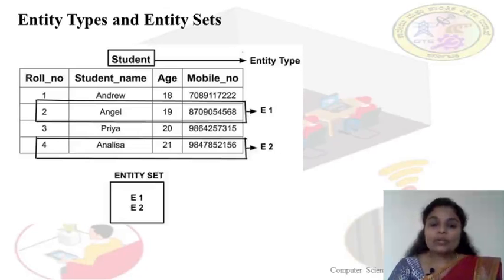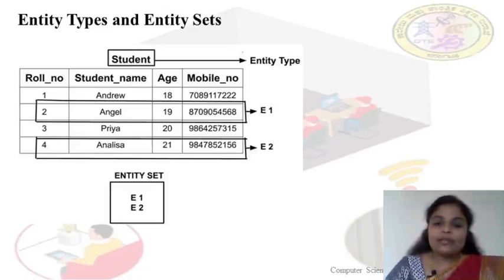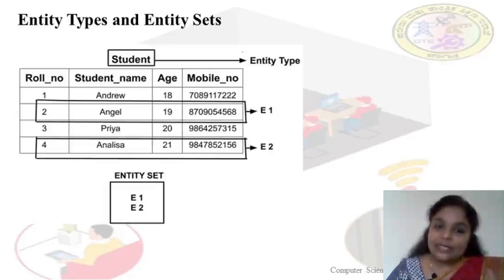What we usually do in our day-to-day life is use entity and entity type interchangeably. Sometimes we use entity, sometimes entity type. Orally we usually say entity, for example for student, but that is with respect to the ER diagram.